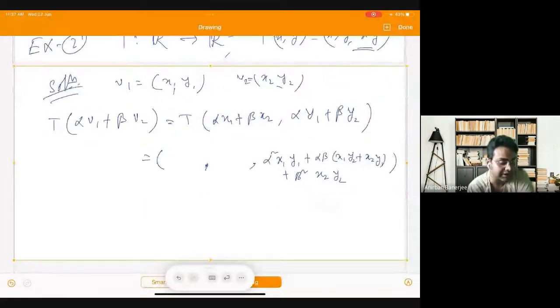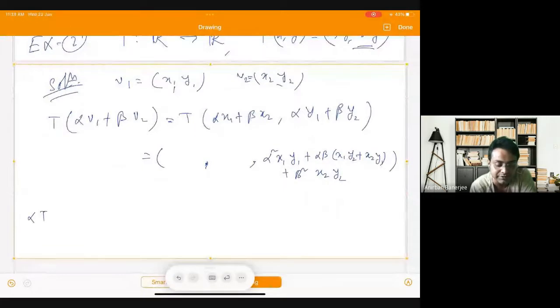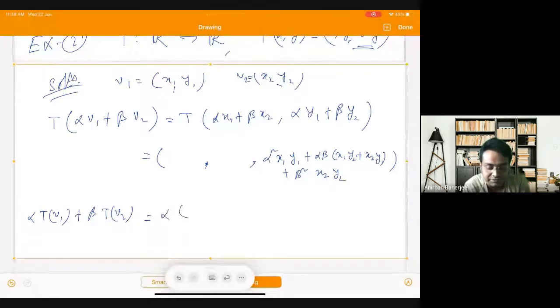And on the other hand, if you compute alpha into T v1 plus beta into T v2, just try to figure out the third coordinate. First of all, it will be x1 y1 plus beta x2 y2.